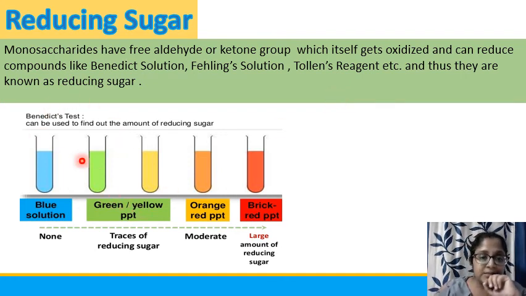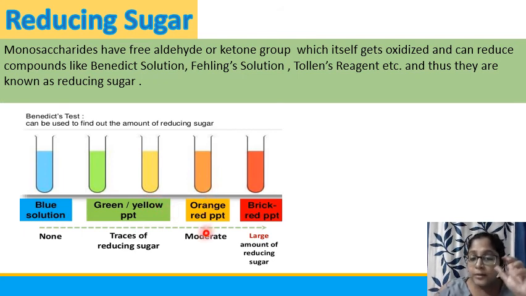If a Benedict's test is to be done, the normal Benedict's solution is blue colored. When there are traces of reducing sugar it will show a green or yellow precipitate. PPT means precipitation here.